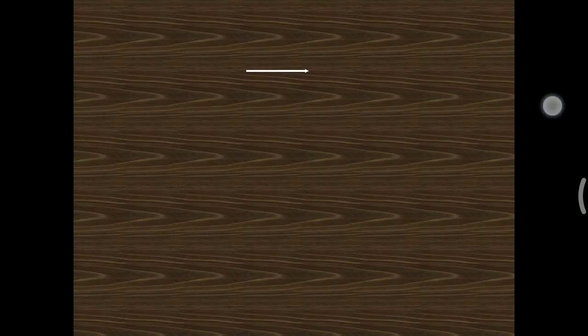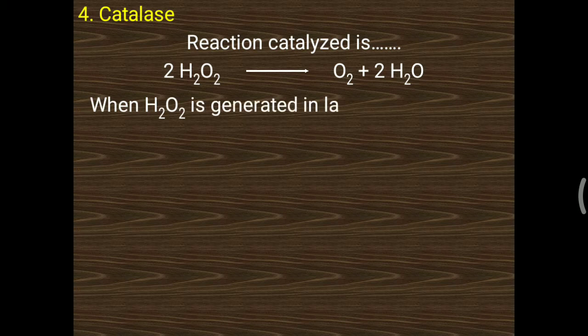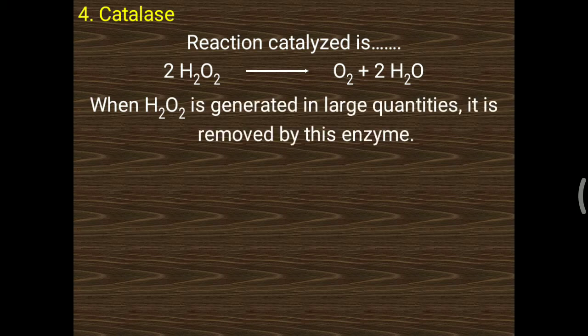Further, another important enzyme for this scavenger system is catalase. The reaction catalyzed by this enzyme is again H2O2 converted into a water molecule, but here H2O2 is generated in a large quantity. In small quantity glutathione peroxidase and reductase will work, but with a large quantity catalase will be activated.